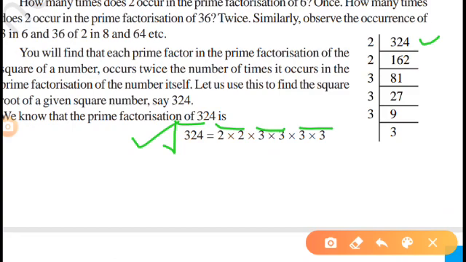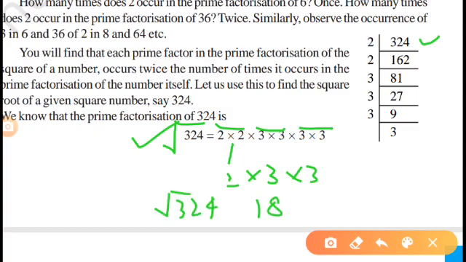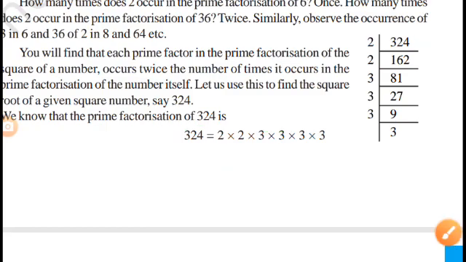Now we will copy a single element from each pair and multiply them, so we get 18. So the square root of 324 is 18. This is how we find the square root of any number.